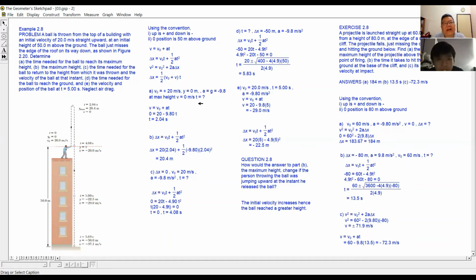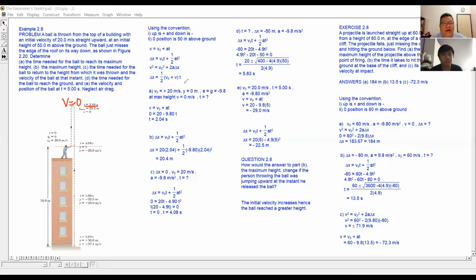Now, the second part is still talking about the same thing, the maximum height. Earlier on, we said that at this position, V is 0, and we have calculated the time to be 2.04.